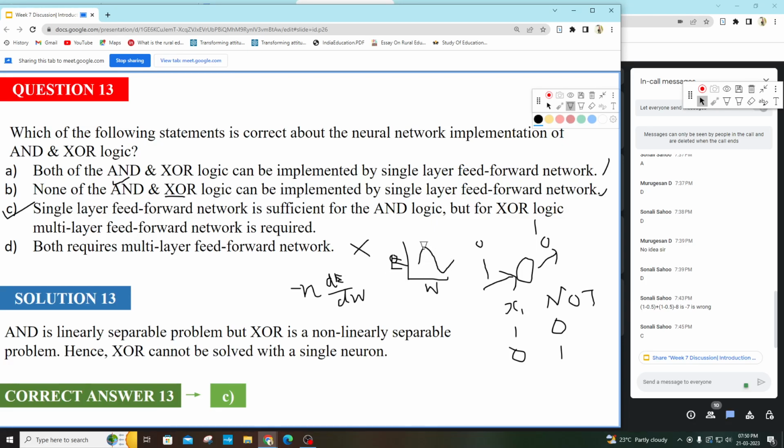If you are here and you increase the weight, then your error is increasing, so in that case you have to decrease the weight. And if you are here and you increase the weight, your error is decreasing, so you increase the weight. This is the concept, told very briefly. In the next class we will solve one numerical, and I will show you how this is done.